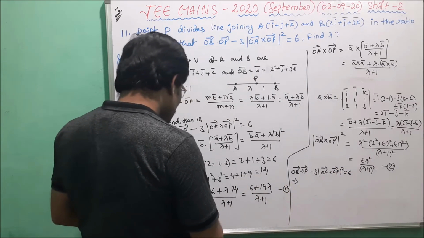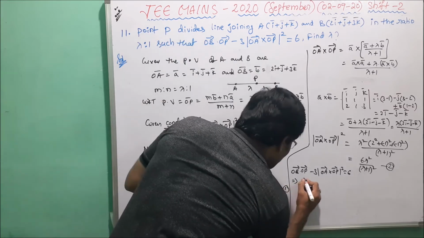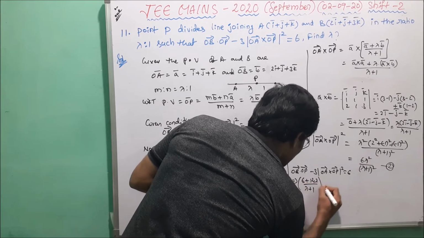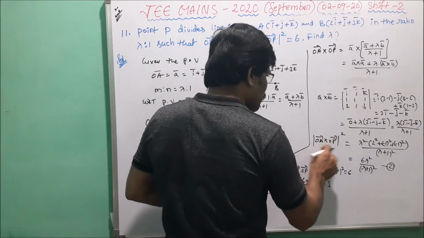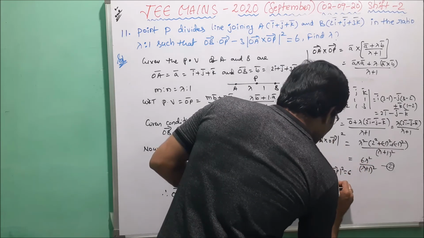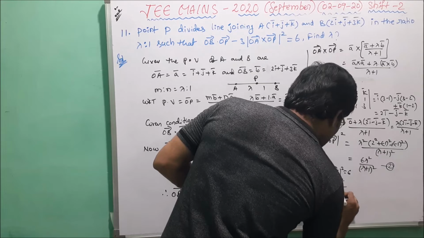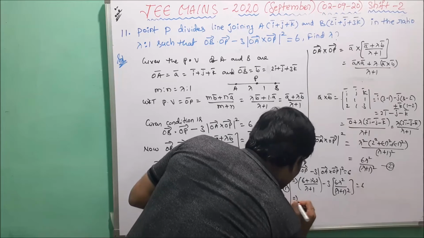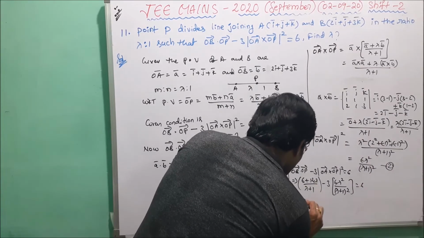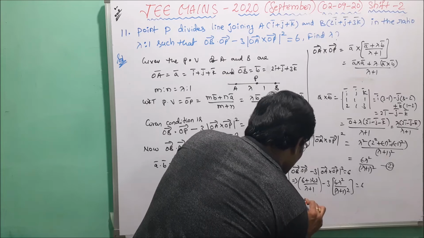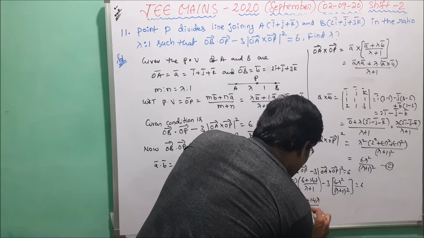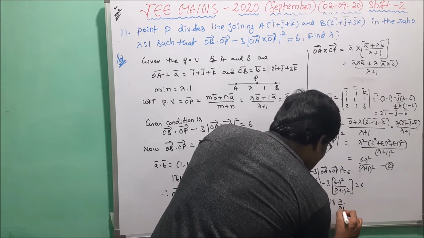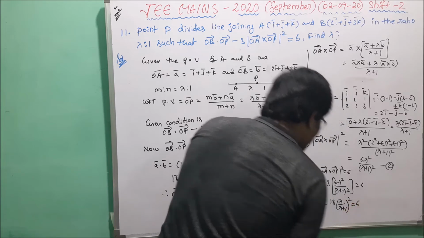Which implies, from equation 1, 6 plus 14 lambda by lambda plus 1, minus 3 into, from equation 2, 6 lambda square by lambda plus 1 whole square, equals 6. Simplified, this is 6 plus 14 lambda by lambda plus 1 minus 18 lambda square by lambda plus 1 whole square equals 6.